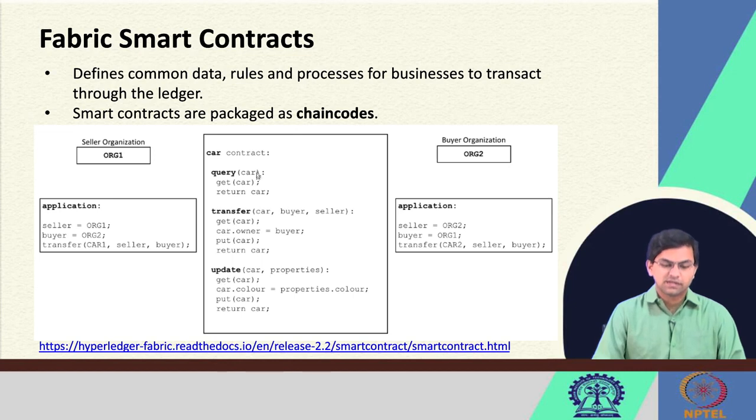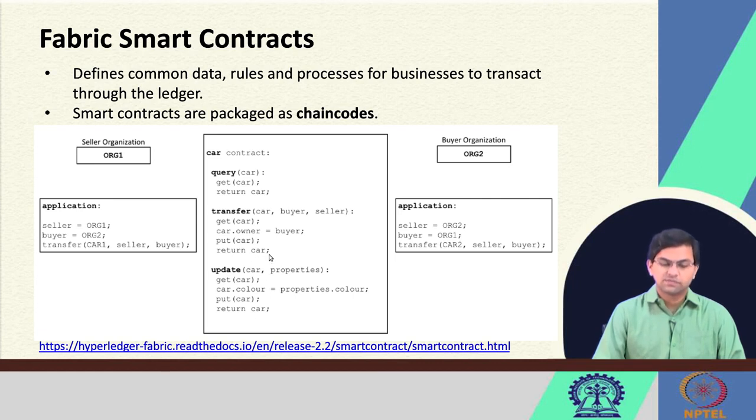So, query car will simply get a car and return its details. Transfer takes a car and changes its owner to a different owner. So, transfer is actually when a buyer is buying a car from the seller, then this function will change the owner from the seller to the buyer and update the new car details on the ledger.